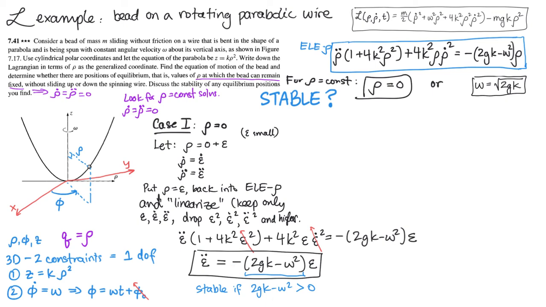Okay, so we have a condition now. As long as we're not rotating too fast, then we're going to be stable at the origin. How fast is too fast? Well, if omega squared is larger than a multiple of k, which is the curvature of that parabola. All right, so that's how it plays out for case 1. What about case 2?